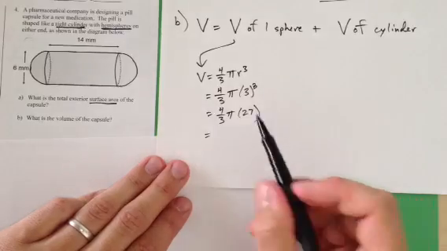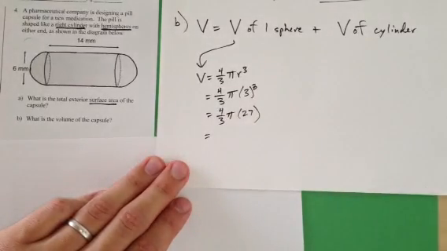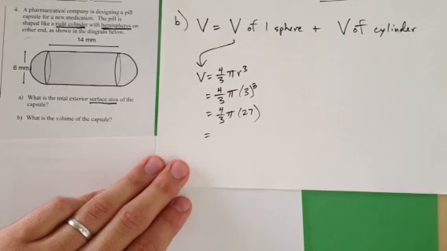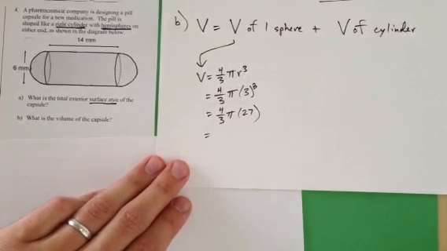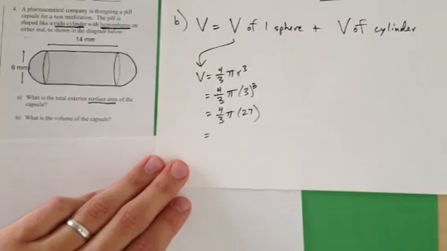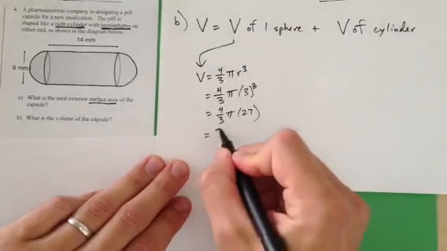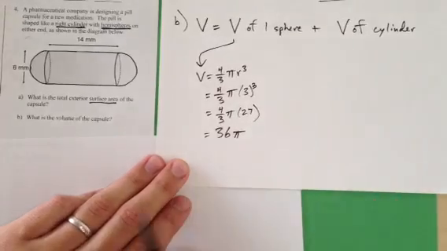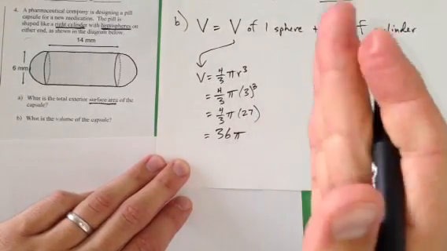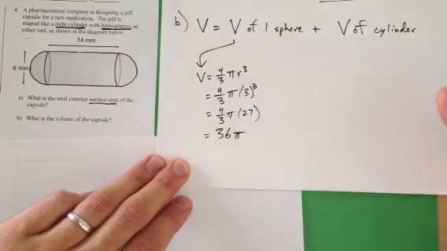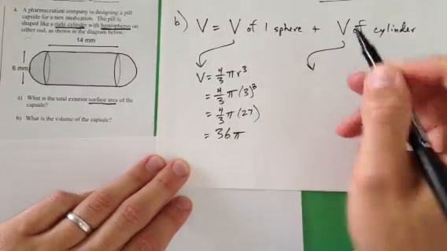And then when we multiply, 4 times 27 is 108, divided by 3 is 36. So the volume of the sphere is 36 pi. And we know that the sphere is divided in two, one hemisphere on the left and one hemisphere on the right.